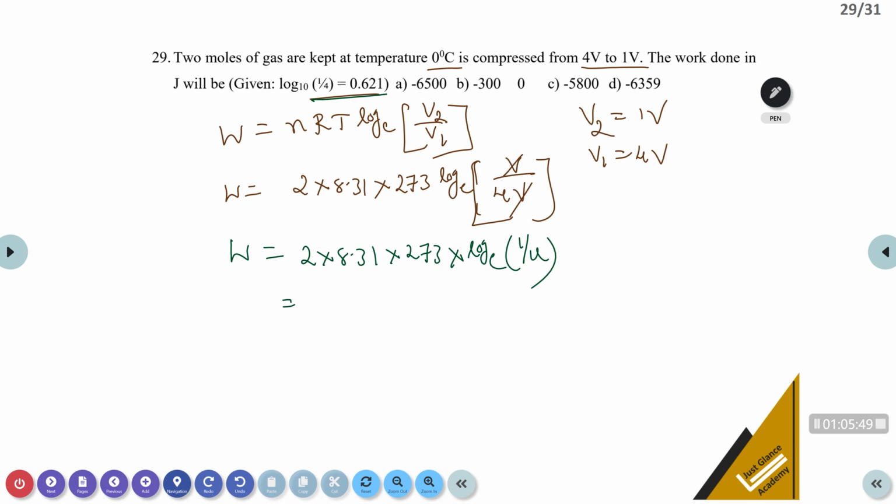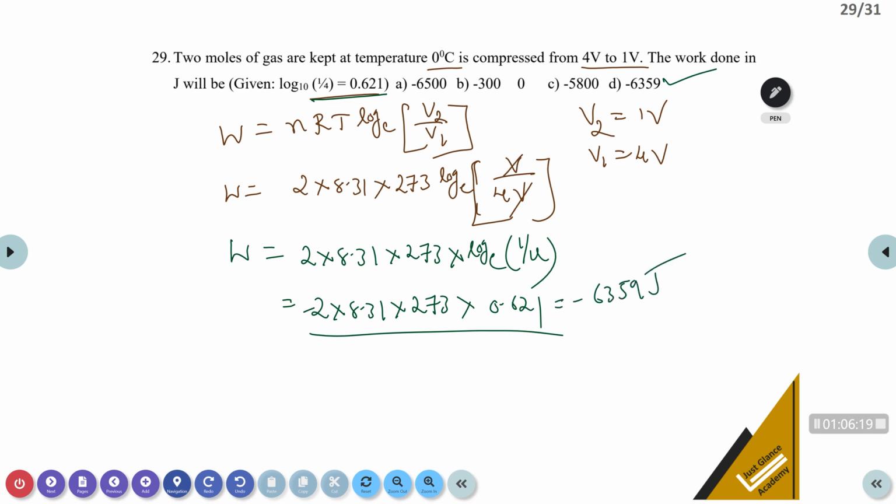This is equal to 2 into 8.31 into 273 into 0.621. Of course, it is a minus quantity. Now multiply all these, then you get minus 3,6359, which is minus 3,6359 joules.